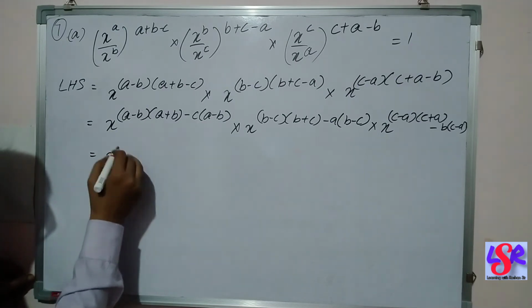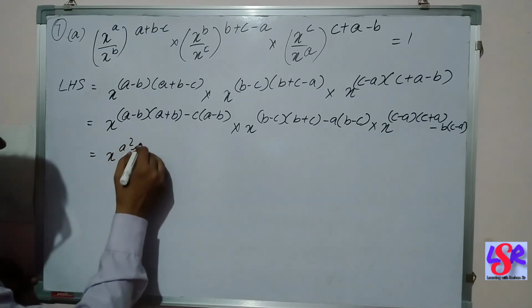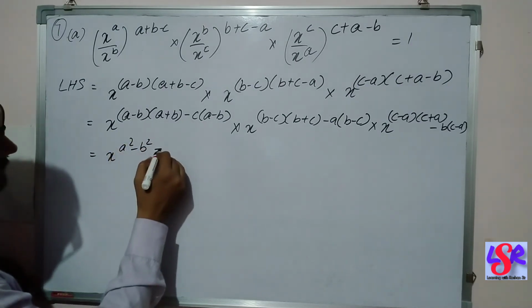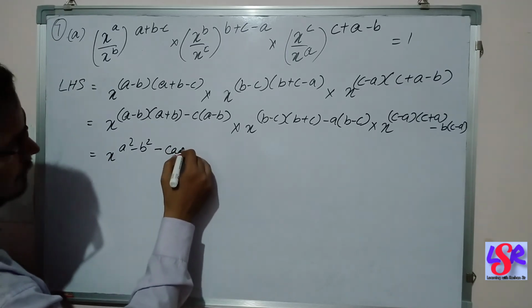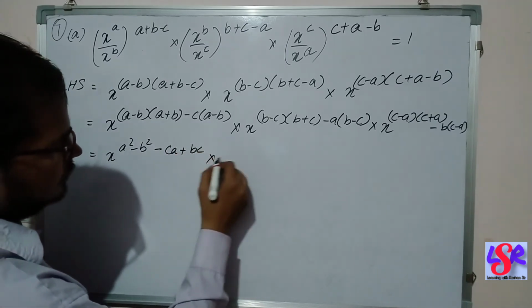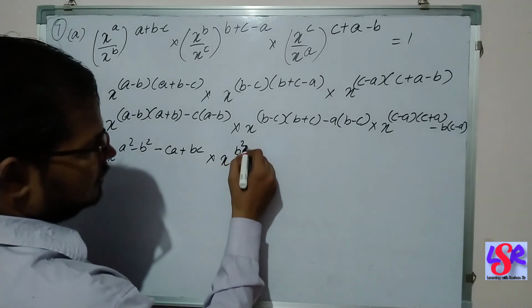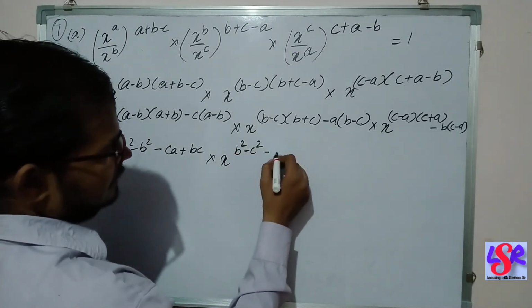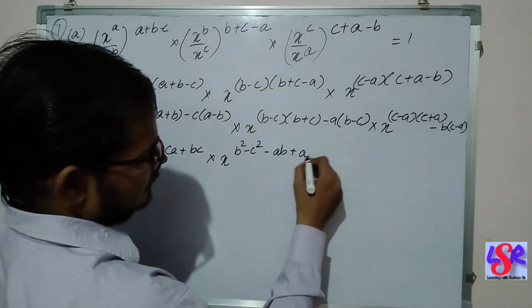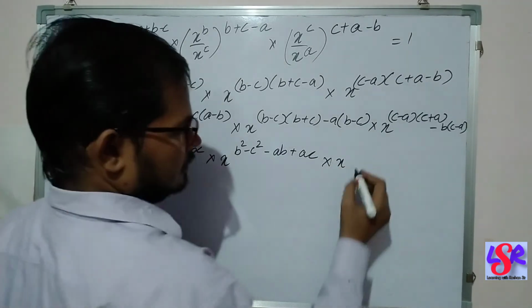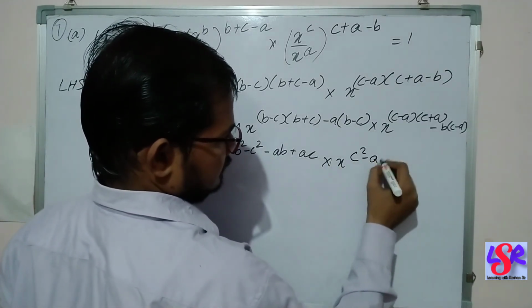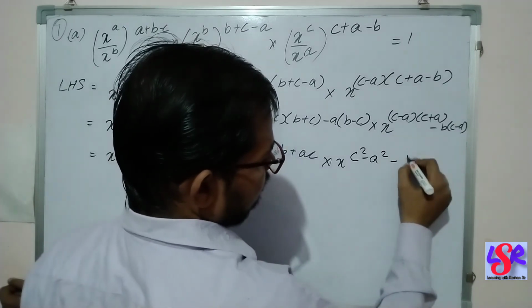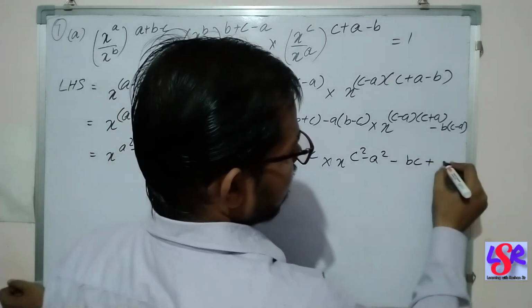This will be x to the power a square minus b square, and on opening this, this will be minus ca plus bc, into x to the power b square minus c square, then minus ab plus ac, into x to the power c square minus a square, minus bc plus ab.